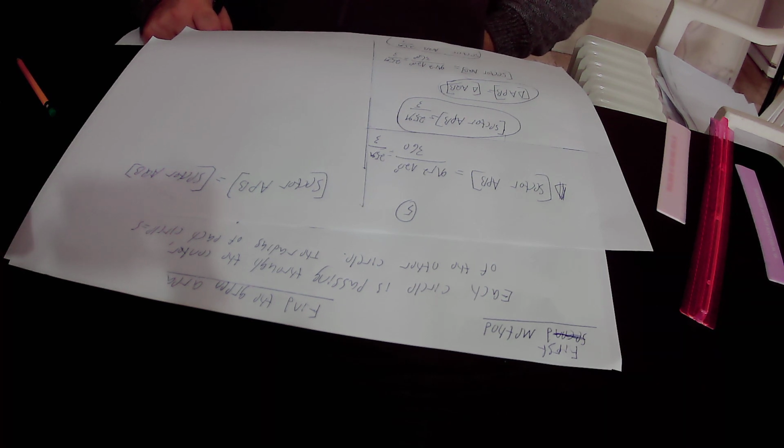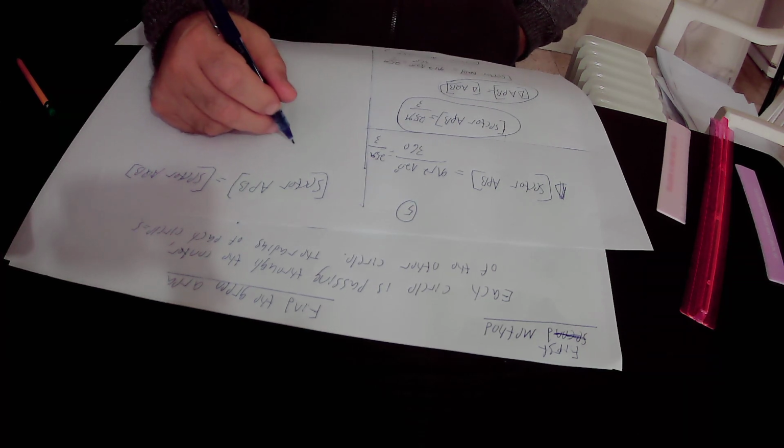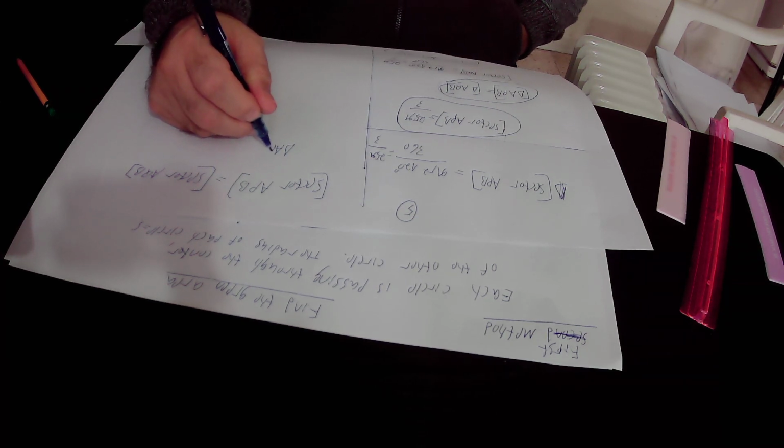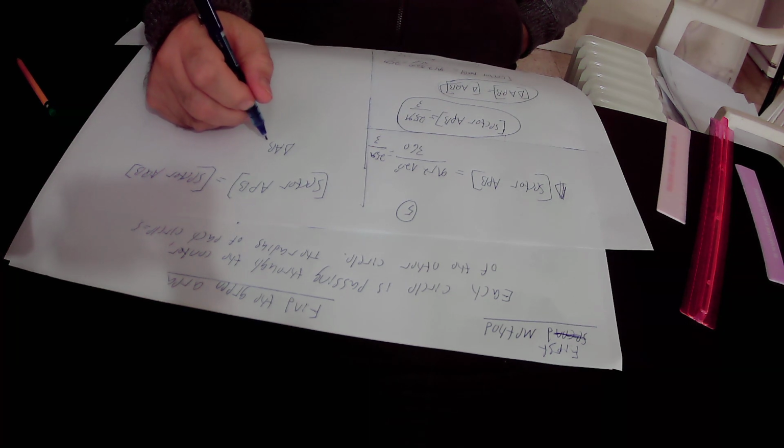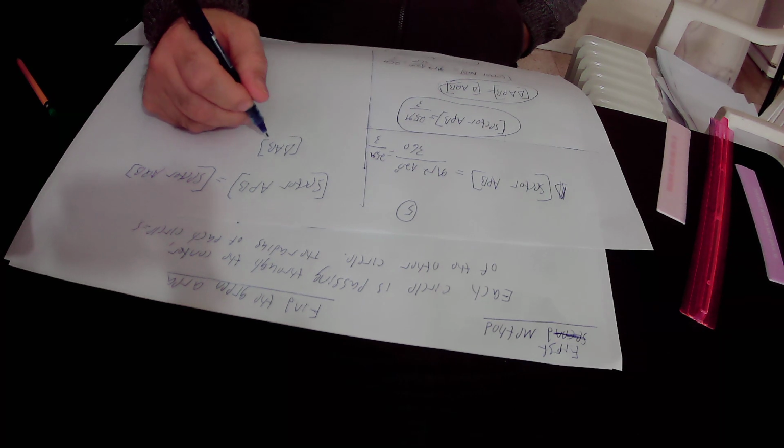And we have already found out that the area of triangle APB is equal to the area of triangle AQB.